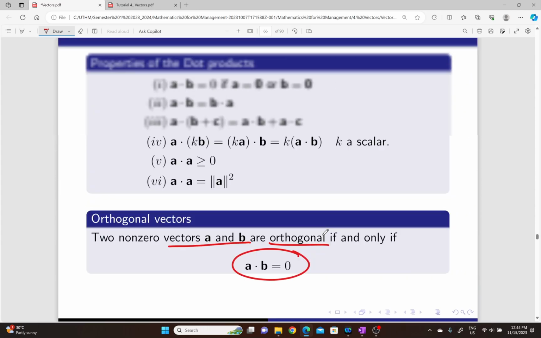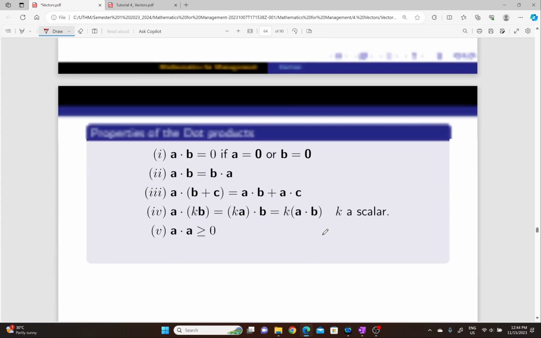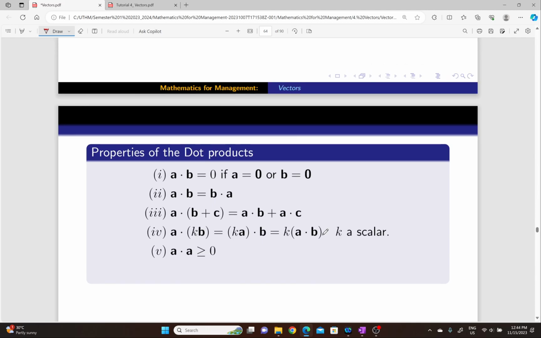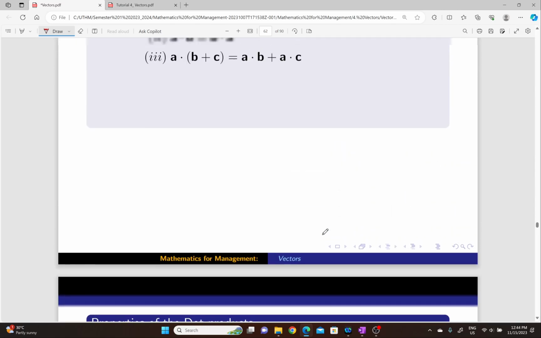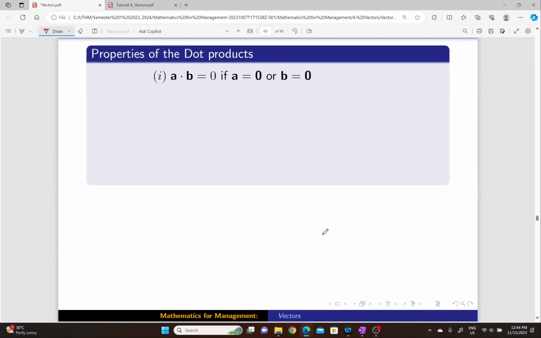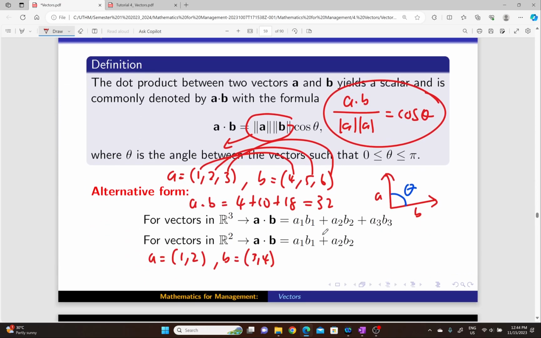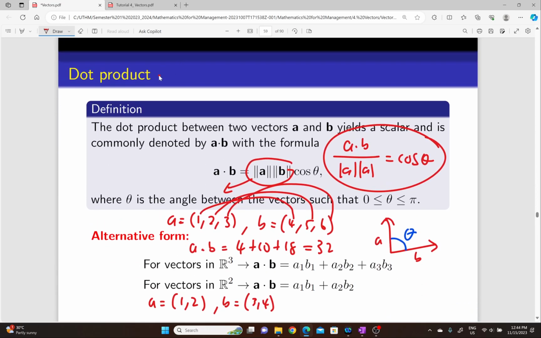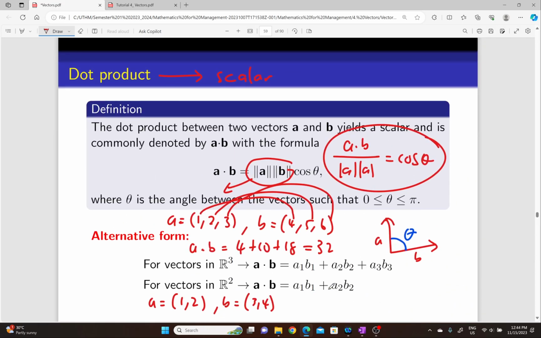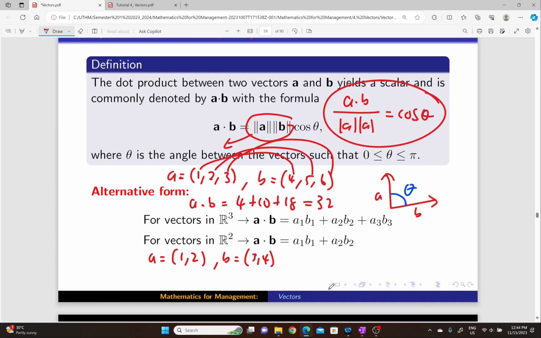Like here, you see, this is just a number, 32.